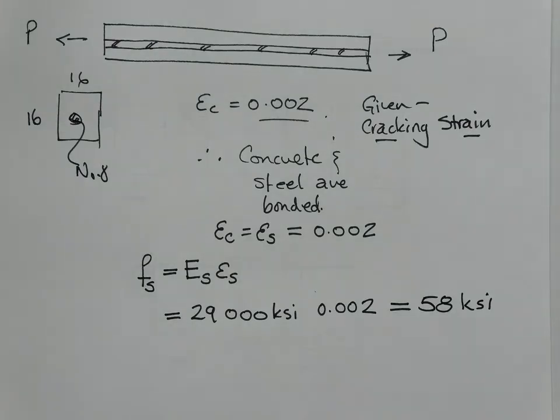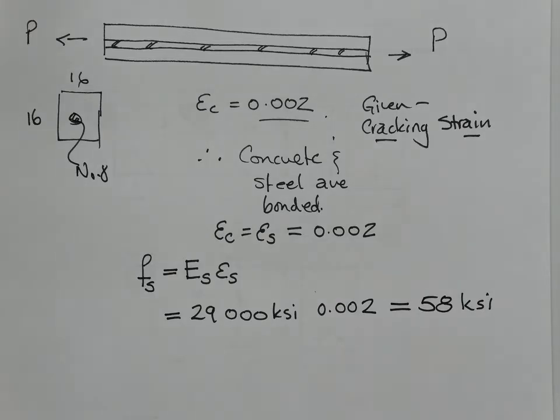That's the stress. What's the force? If stress is equal to the force divided by the area, then force is equal to the stress multiplied by the area, by definition, right?